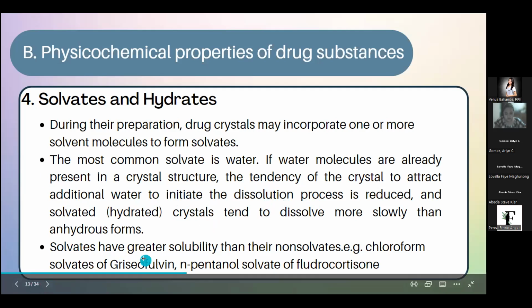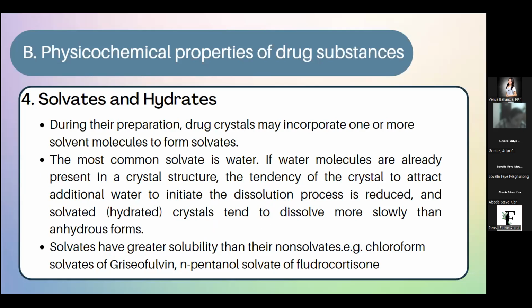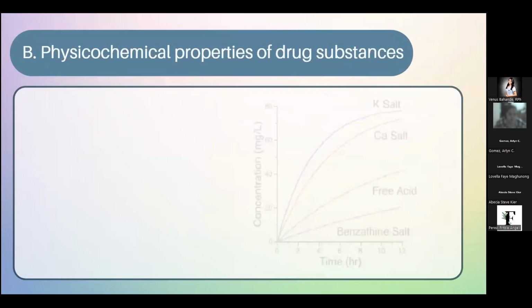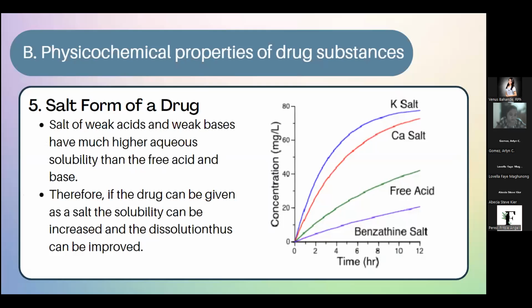So solvates have greater solubility than non-solvates. Examples are the chloroform solvate of griseofulvin and the pentanol solvate of hydrocortisone, fluorocortisone.